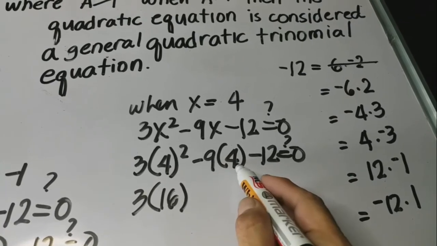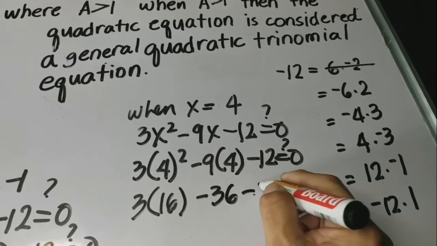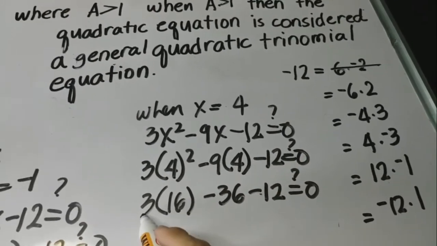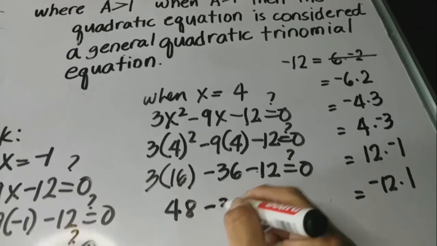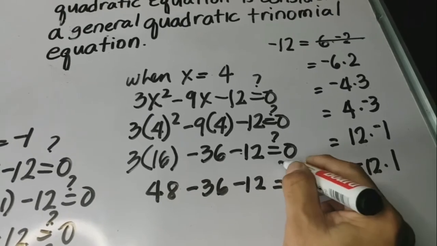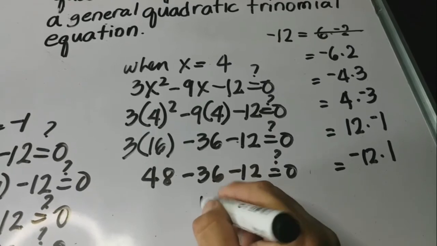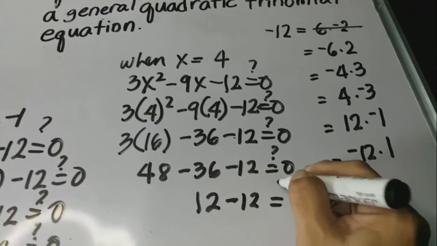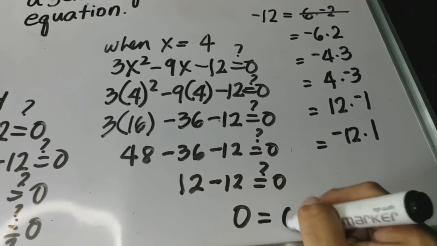Negative 9 times positive 4 is negative 36, minus 12 equals 0. 3 times 16 is 48 minus 36 minus 12 equals 0. 48 minus 36 is 12, minus 12 equals 0. 12 minus 12 is 0 equals 0.